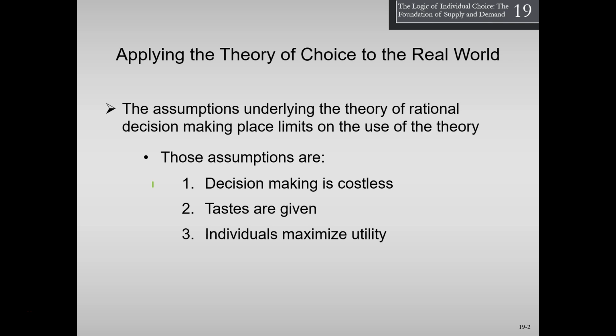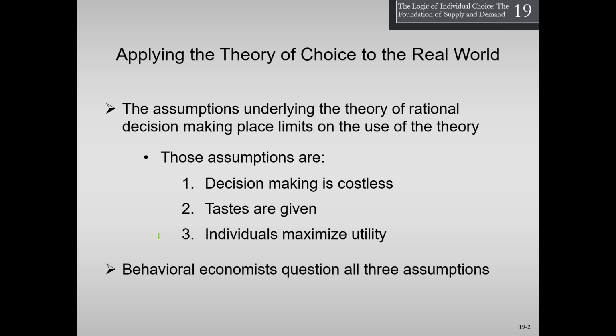And individuals maximize utility. We've discussed that's the principal idea, meaning utility being the idea that we're going to maximize our benefit. We're going to get the most benefit out of something, and that's going to be a given assumption that people are rational and they're going to try to get the best utility out of things. So we're going to discuss when those assumptions may not apply.